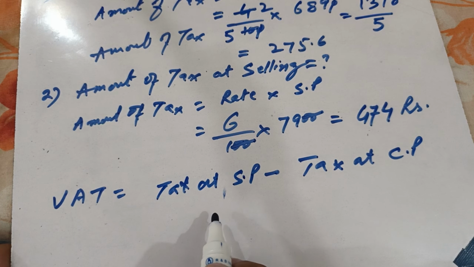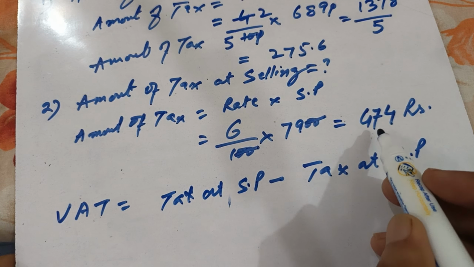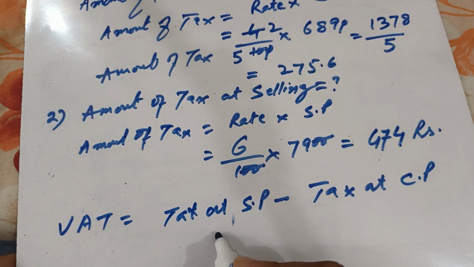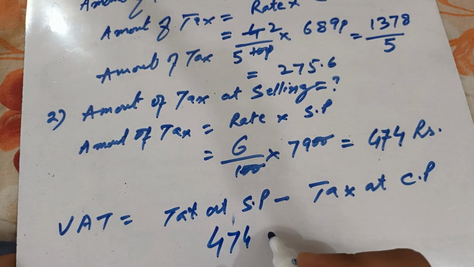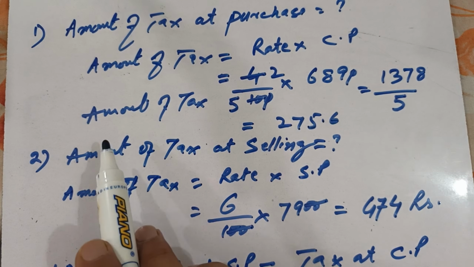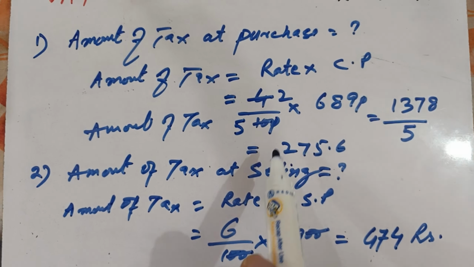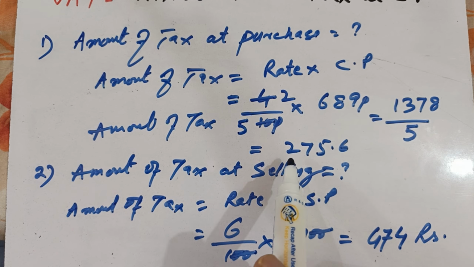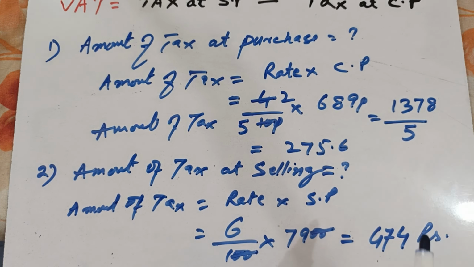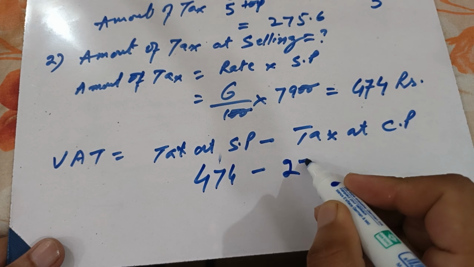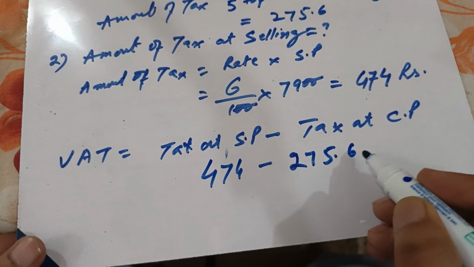So tax at SP is 474, and tax at purchase or CP was 275.6.